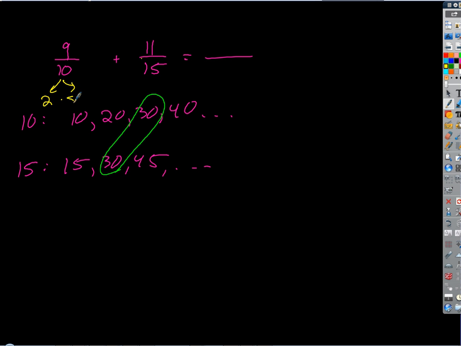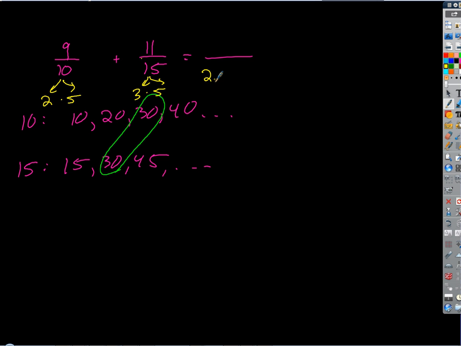Okay, so 2 times 5. What about 15? 3 times 5. Okay, so we need the least common denominator to be the smallest product of those factors that's going to include a 2 and a 5 and a 3 and a 5 at the same time, right? So what would that list be?